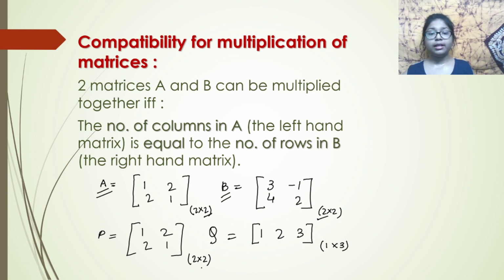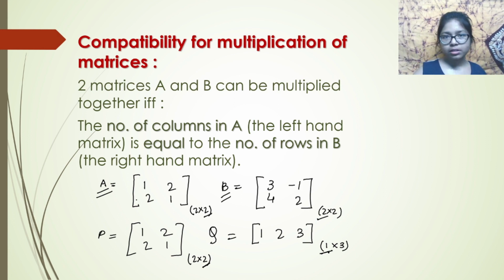Here the number of columns in P is not equal to the number of rows in Q. The number of columns in P is 2 and the number of rows in Q is 1. So here matrix multiplication is not possible. I think you have understood this.